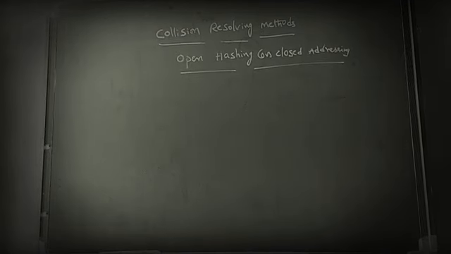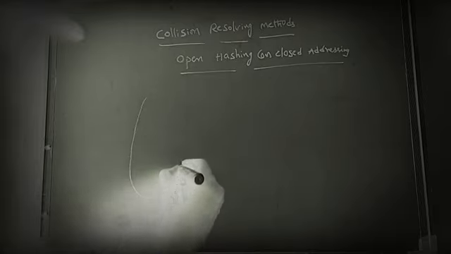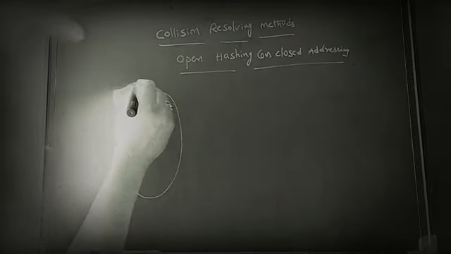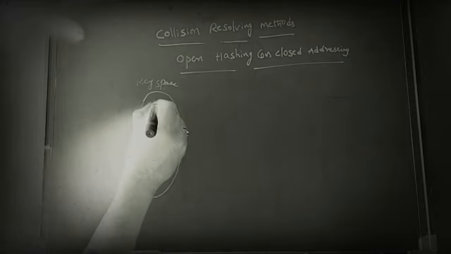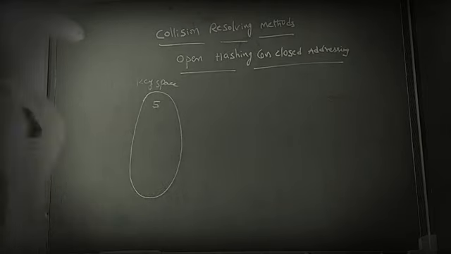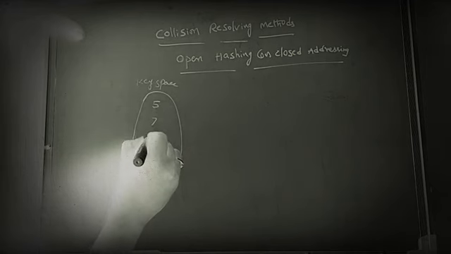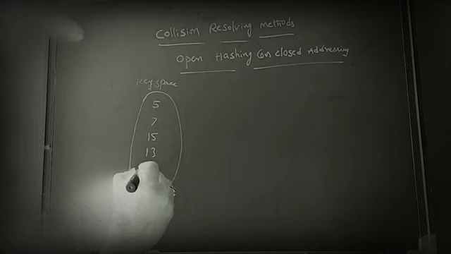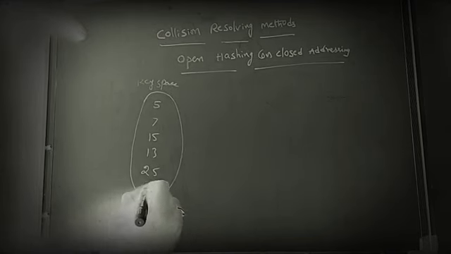Let us look at open hashing and how it resolves the collision problem. Take a list of elements from the key space. These are the elements; you can take them in order or in any random order. One more element I need to take: 30.